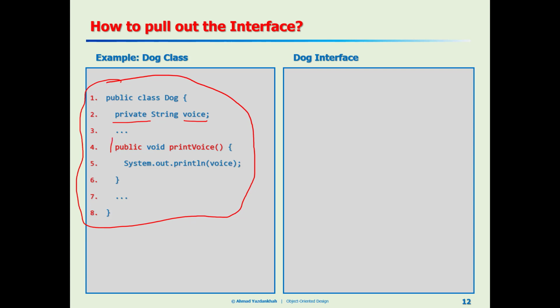We have a method here which is public. Yes, this is part of the interface. Okay, so we can pull out this part, because we don't care about the implementation, and put it in a separate file, and we call it interface.